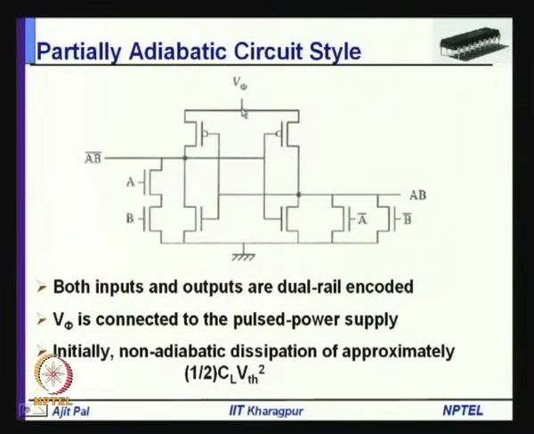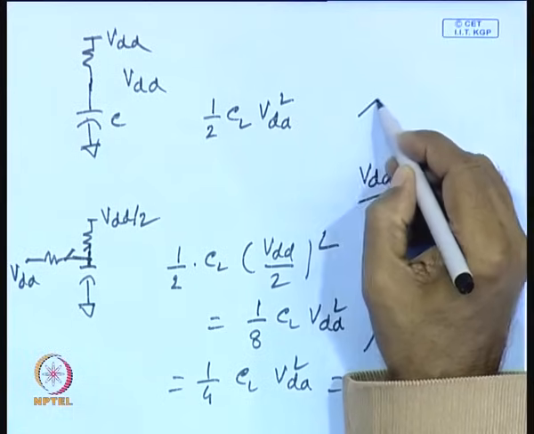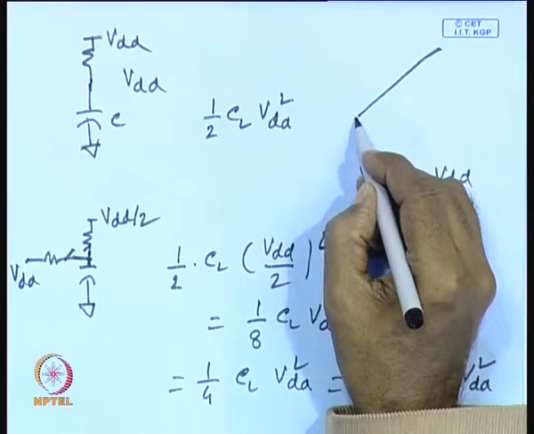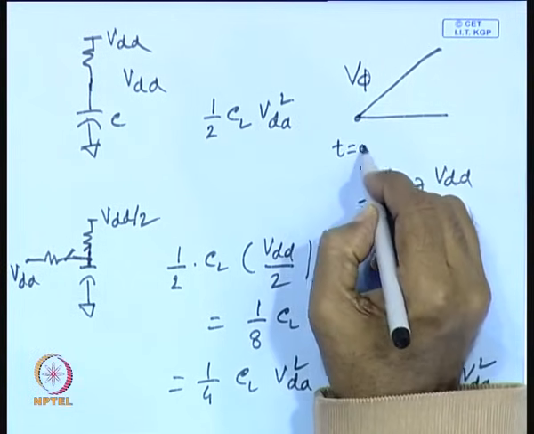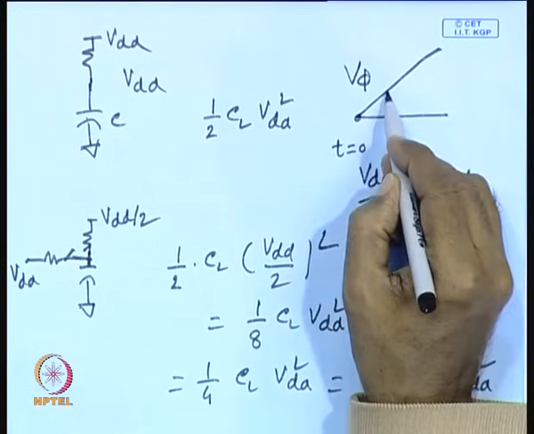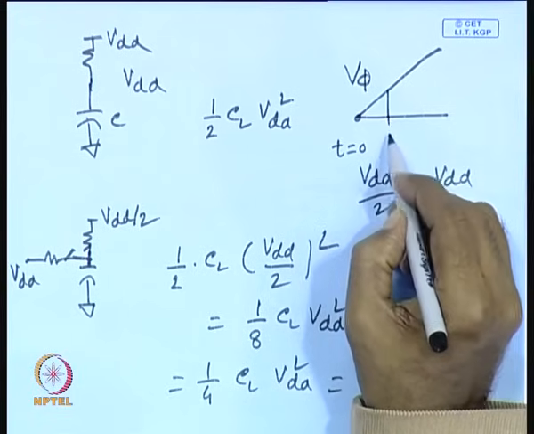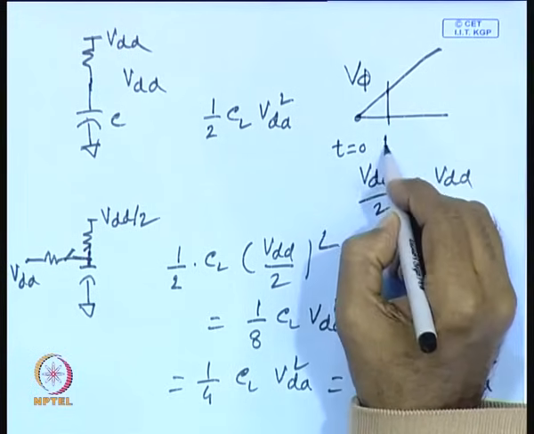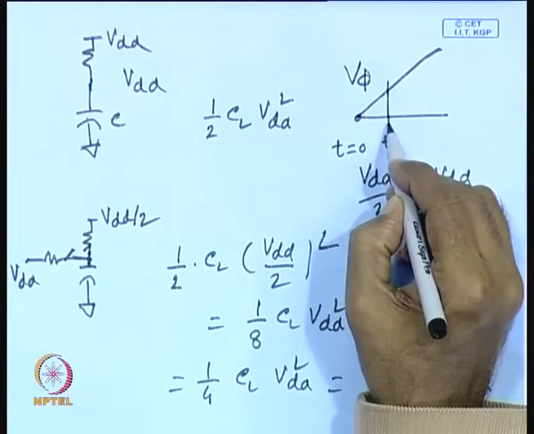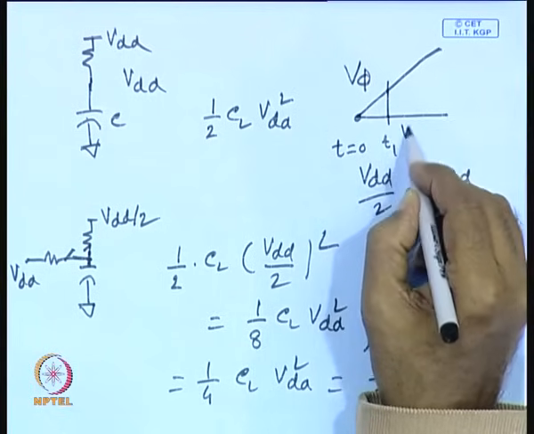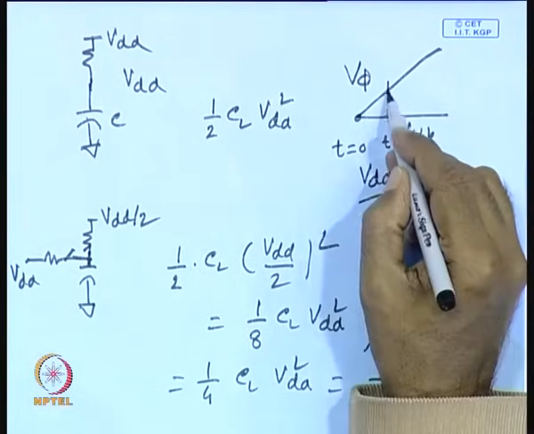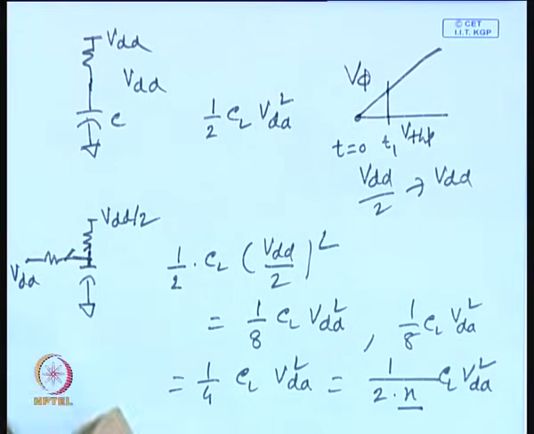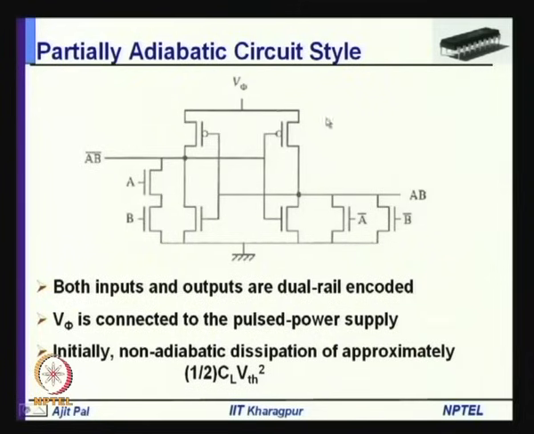So, as you know, this pulse power supply is charging from 0, and that means initially this V phi is 0 at time t equal to 0, and up to some time t1, this voltage is not reaching VTH P, that means the threshold voltage of the PMOS transistor. Then what will happen? That means this transistor is not turned on.